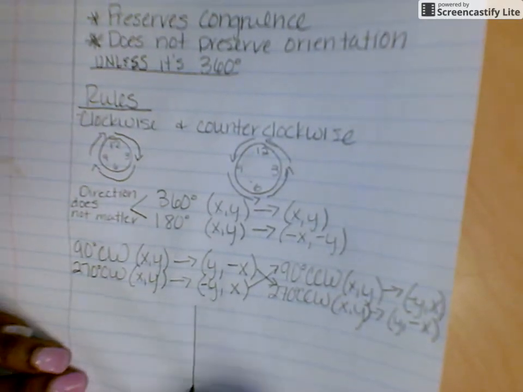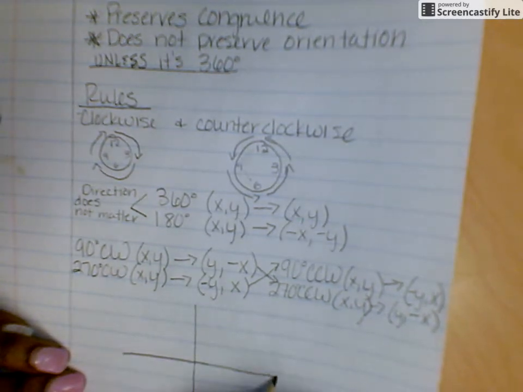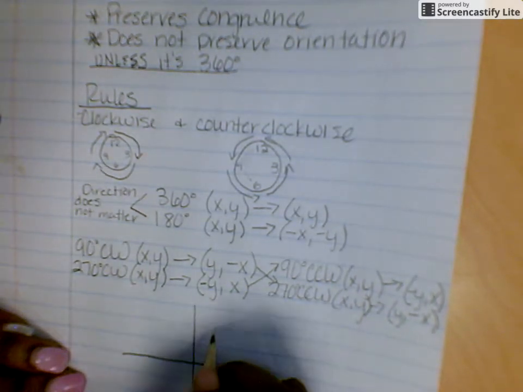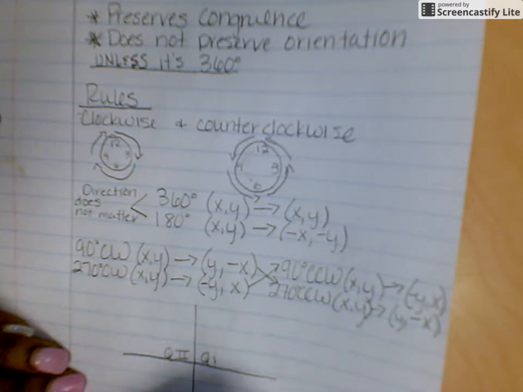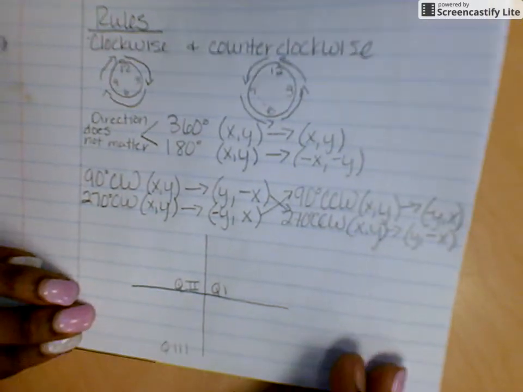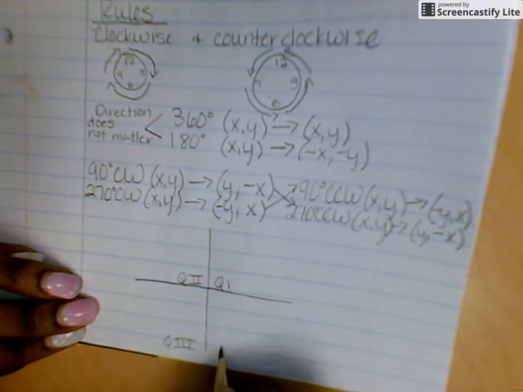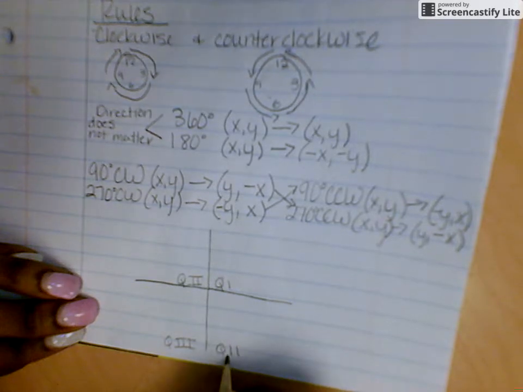I'm just going to draw quadrants, 4 quadrants here. This is quadrant 1, quadrant 2. This is quadrant 3 down here. And this is quadrant 4 here.